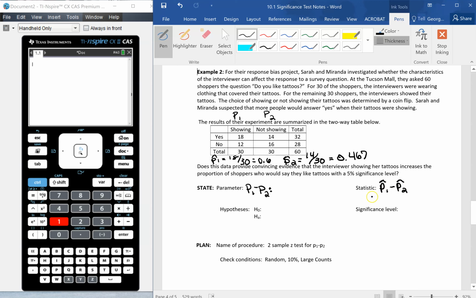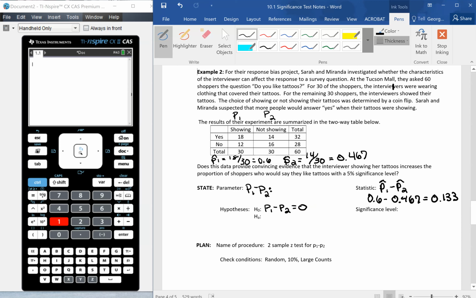For our statistic, we've got P hat 1 minus P hat 2. So P hat 1 is 0.6, P hat 2 is 0.467, and when we subtract those, we get 0.133. For our hypotheses, for our null it's always P1 minus P2 equals 0. That's always it.